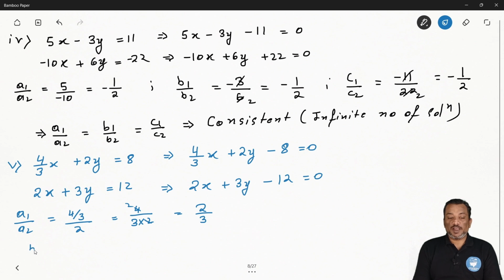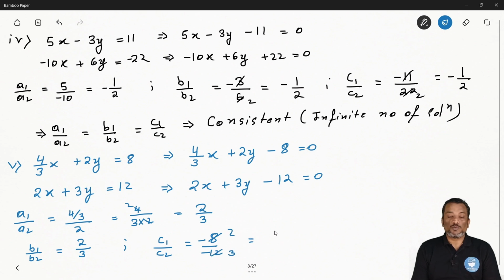Same way you can find b1 over b2. b1 is 2 and b2 is 3. And now you can find c1 over c2, that is minus 8 over minus 12. The minus signs cancel, both are multiples of 4, so you can say 2 over 3.